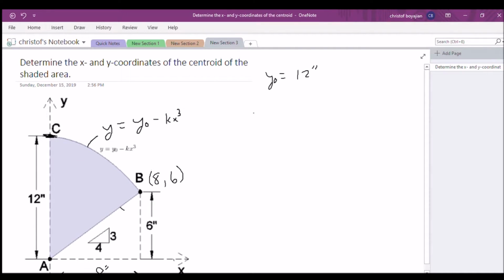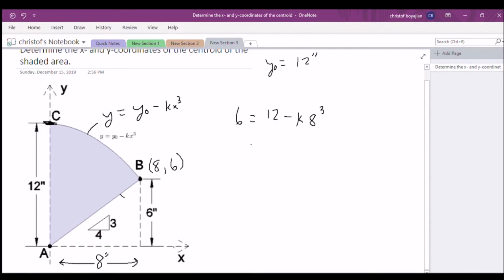Okay. Let's go ahead and plug those values in. So I'm going to replace y with 6. And y naught, we already know is 12, so I'm replacing that. k, and then x cubed, so 8 cubed. Now if we go ahead and solve for k, it's basically just doing some algebra.